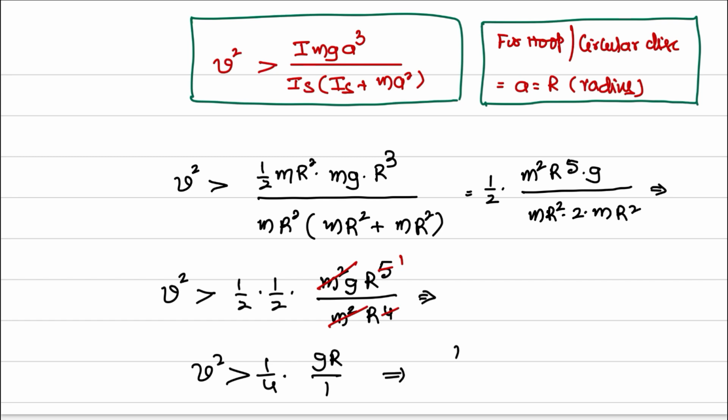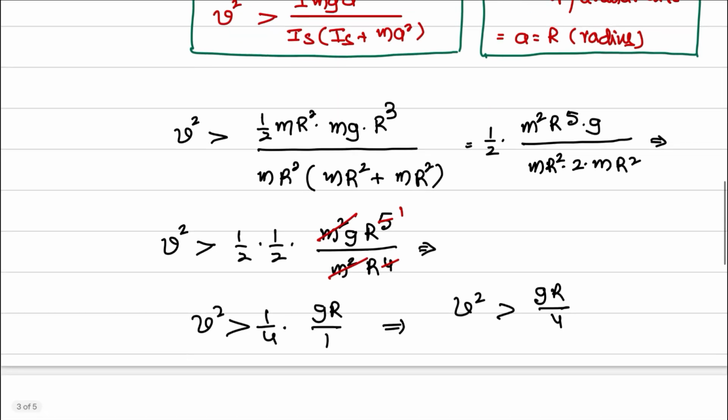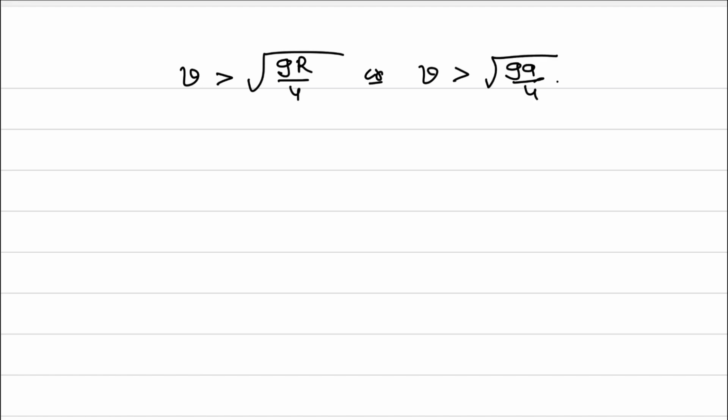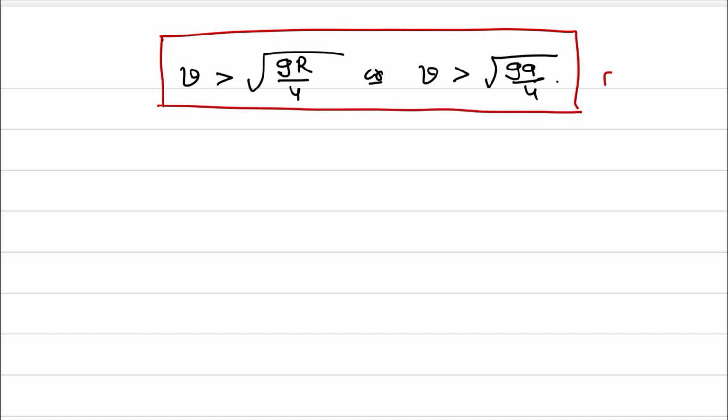That implies V square should be greater than gr by 4. Here R we can take as A is equal to R, so V should be greater than the square root of gr by 4, or V should be greater than the square root of ga by 4. This is what we have got for a hoop. This is what is there in the first slide.